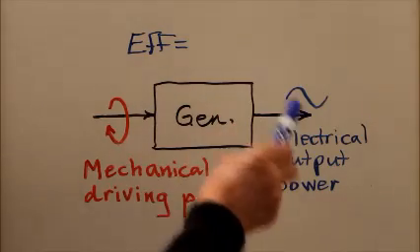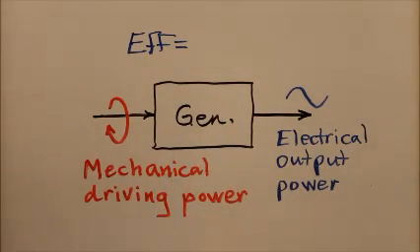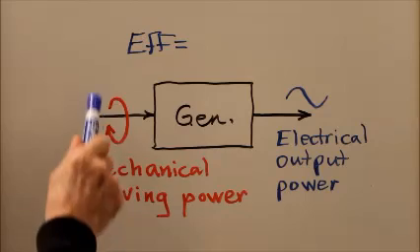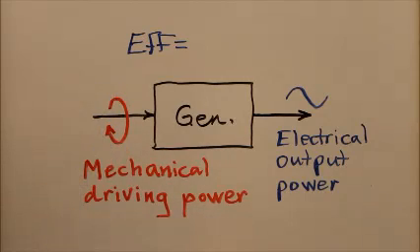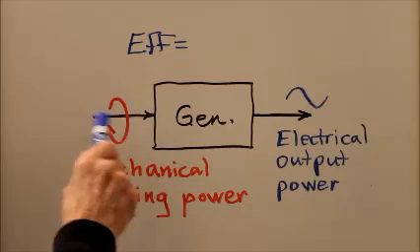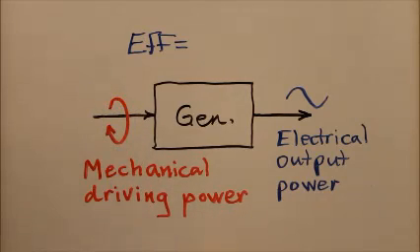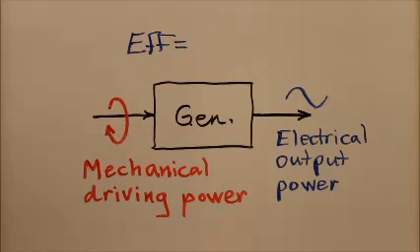Well, any electrical generator converts some sort of mechanical driving power, usually a rotating torque derived from something like falling water or a steam turbine. Those are the two most common ways. Also a wind turbine or a water turbine.